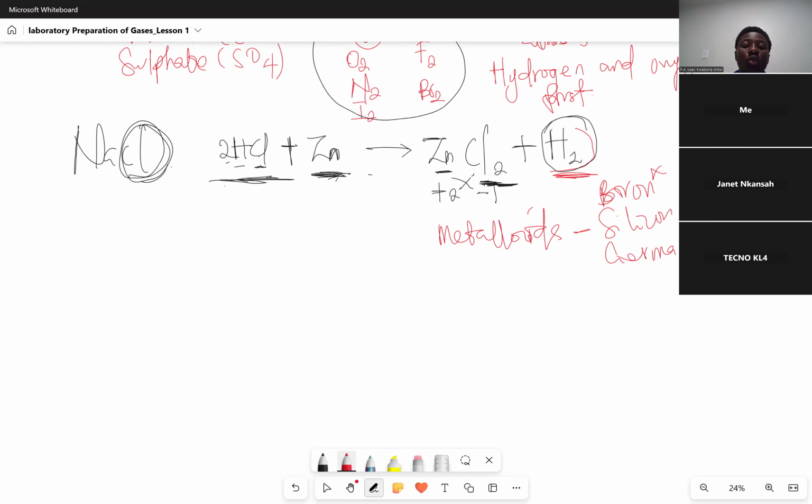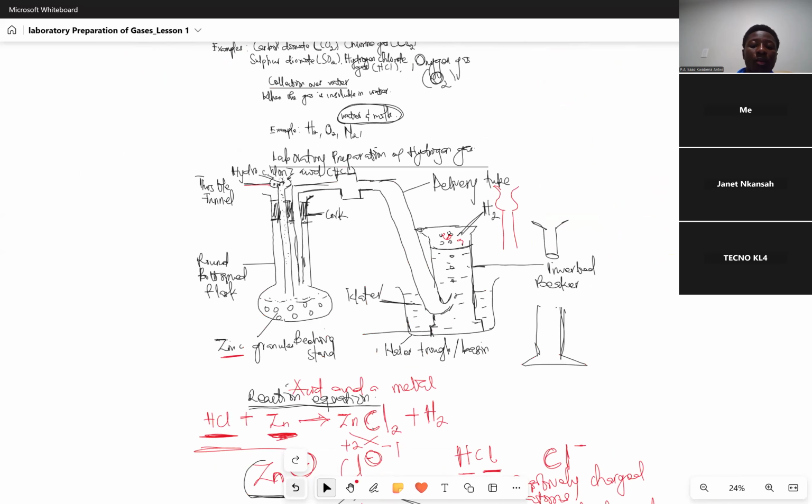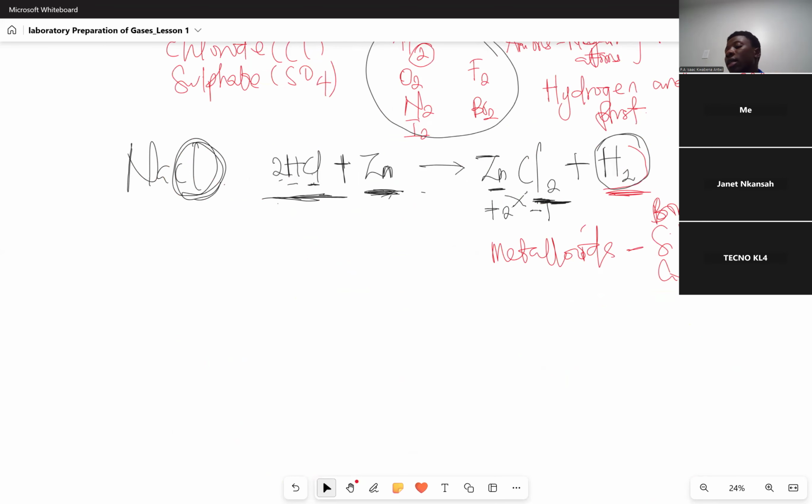Those that are just joining, the thistle funnel is there, the funnel at the top, right? So you go to an exam hall and you get a setup, and in the setup, in the thistle funnel, they will even write nitric acid for you.